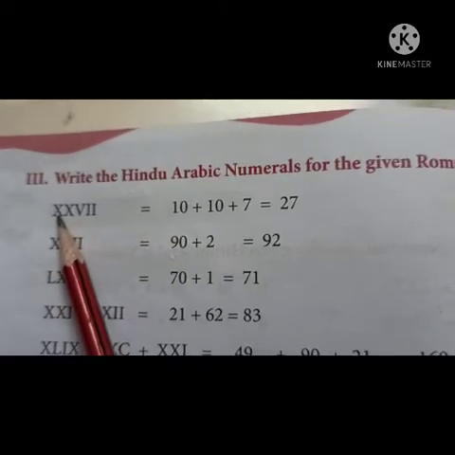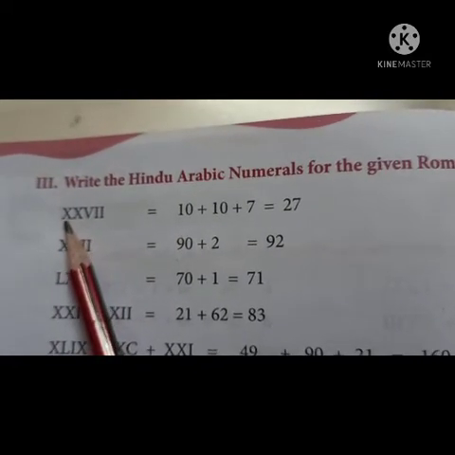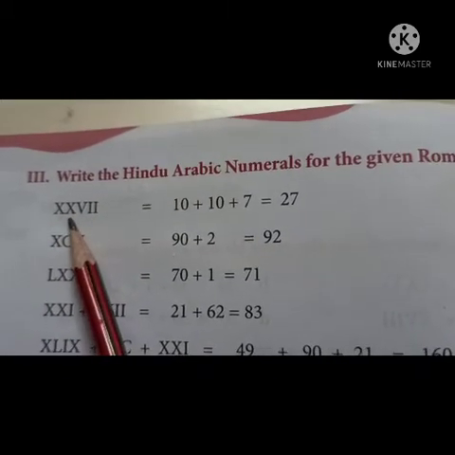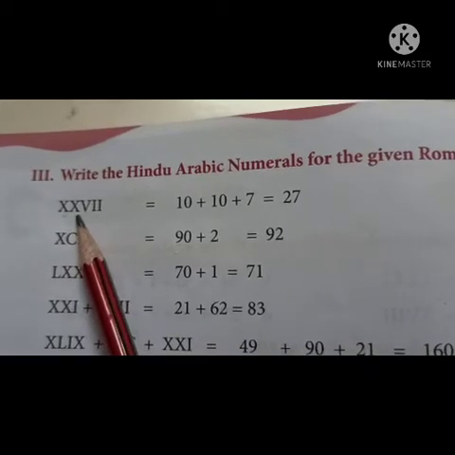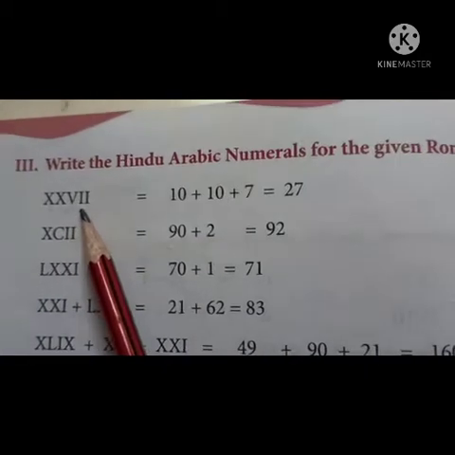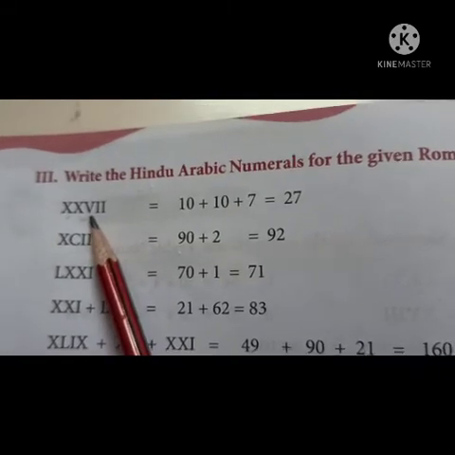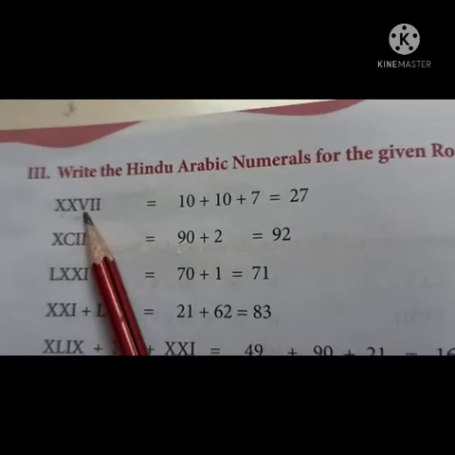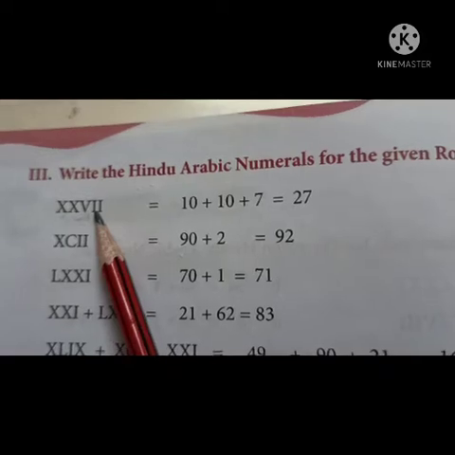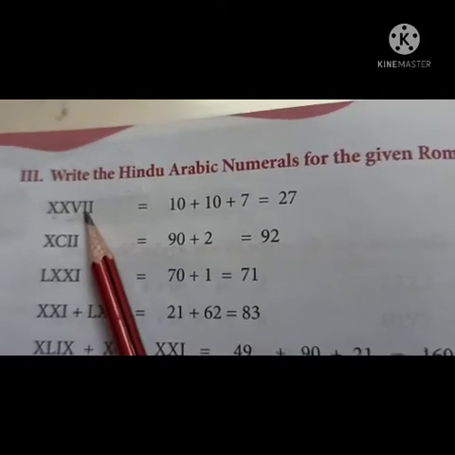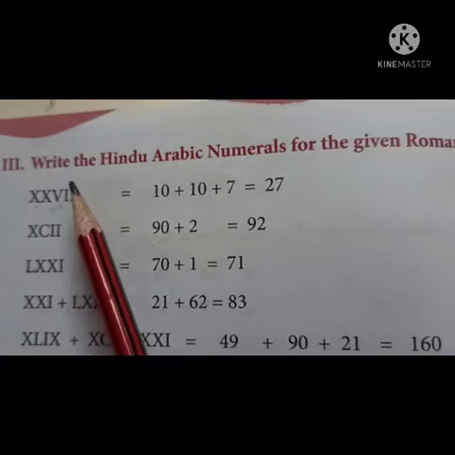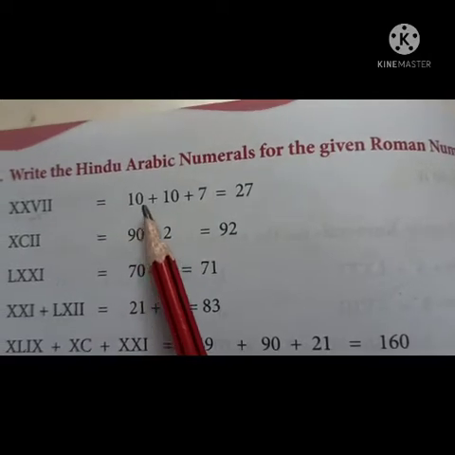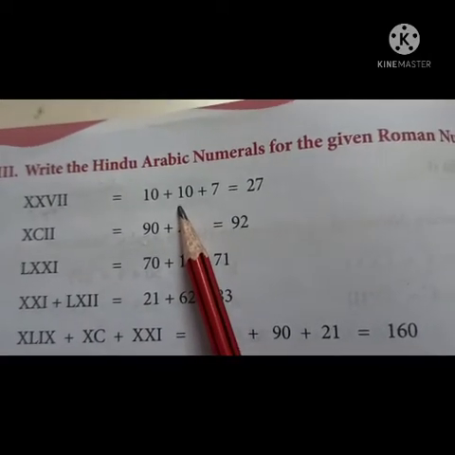X, this is a value of 10. Then next X, again this X also has a value of 10, and V has a value of 5, and I means value of 1, and again 1. X X should be 10 plus 10, that means 20.